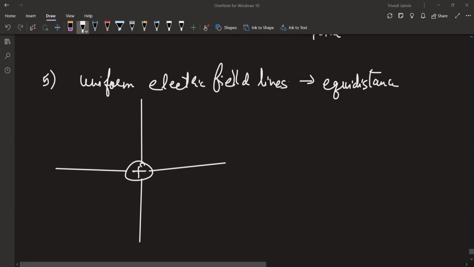Okay, so draw for this one. What will you get here? Will it be inward or outward? Outward. Yes, it will be outward. If I draw for negative, then it should be inward.